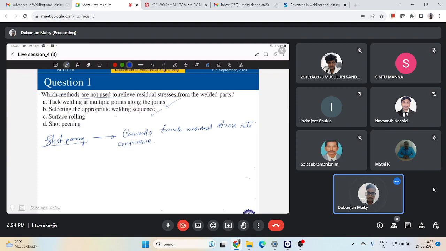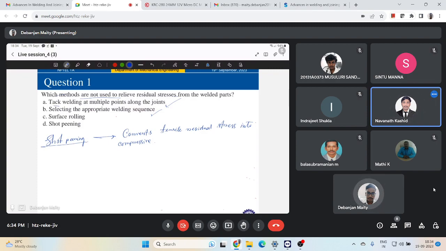Any question? Yes, someone was asking, in shot peening, if a welded structure is, suppose, thickness is 10 or 20, is shot peening sufficient to relieve the internal stresses through thickness up to 10 or 20, because shot peening is required for the surface or the subsurface.